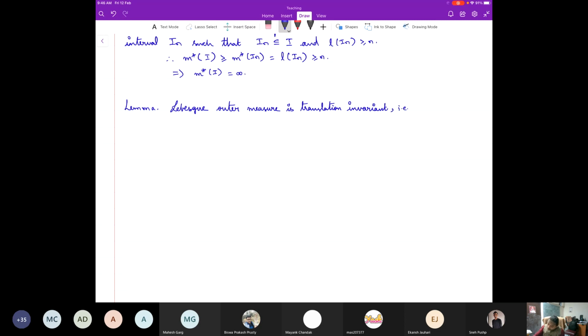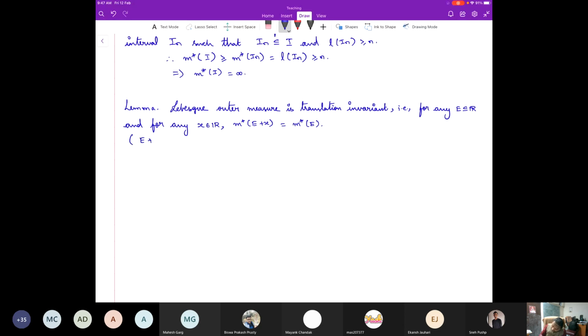That is, for any E subset of R and for any x in R, m star of E plus x is the same as m star of E. So let me just write what this is.